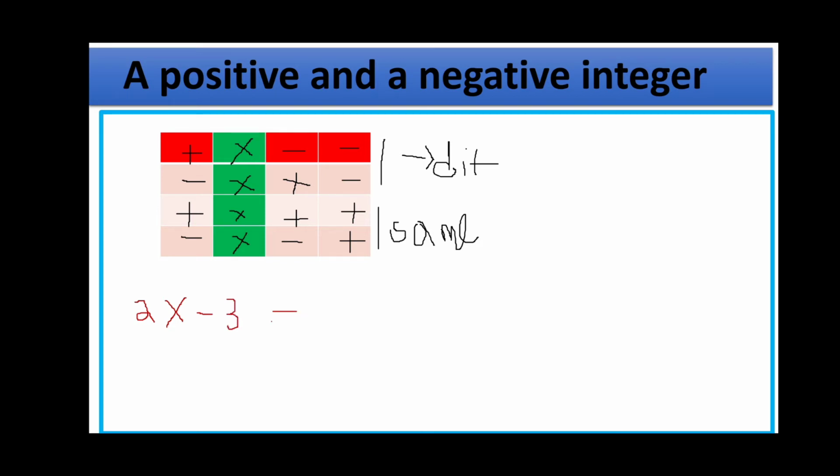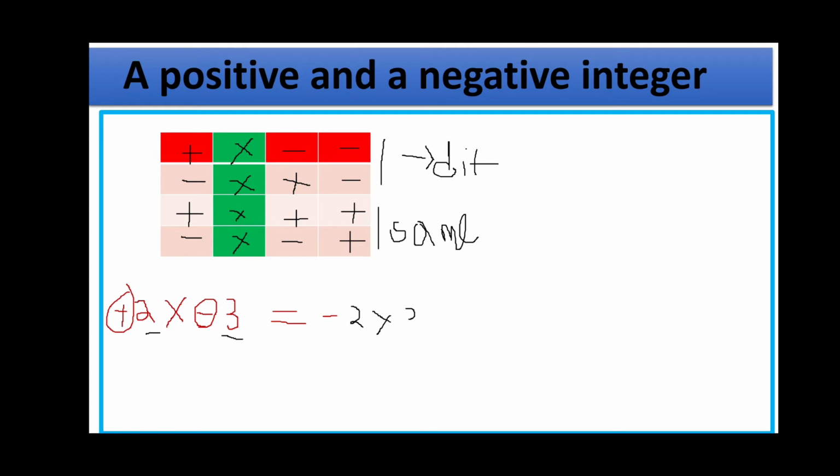If you observe, the 2 does not have any sign before the number, that means it contains a positive sign. So plus into minus. As we have already said, plus into minus, the integers have different signs. So we have to get our result sign as negative. And 2 into 3 gives 6.